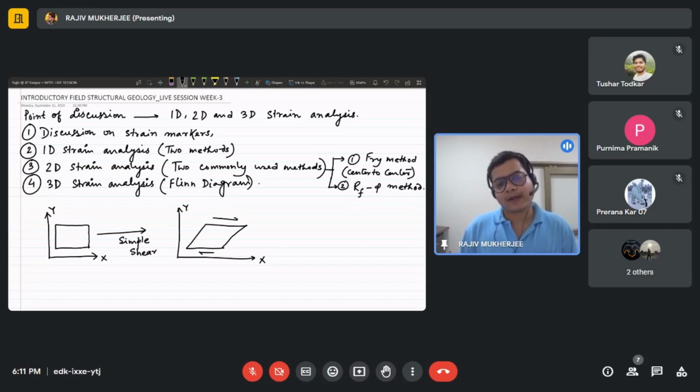So this transformation, simple shear transformation, tells you about the evolution of the shape.